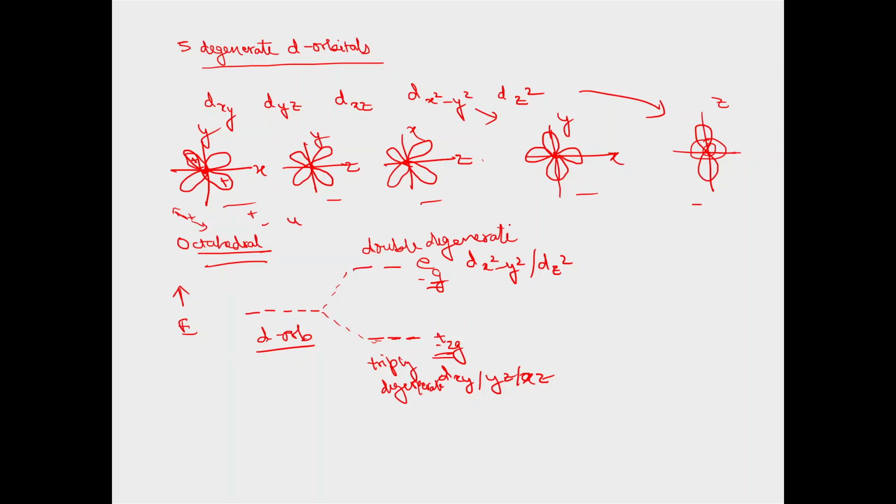If it's triply degenerate, then the T term comes. If it's doubly degenerate, then the E term comes. For a nondegenerate one, the A term comes. And this g and u depend on whether the center of symmetry is present or not. If it's present, then it is g. If it's not present, then it is u.